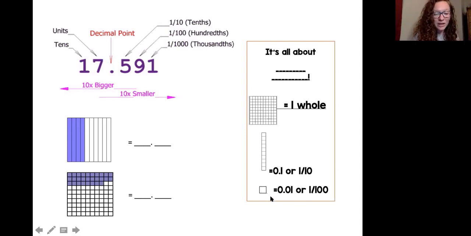The tiny square is going to be equal to 1/100th because it would take 100 of those to fill up the square. And remember, we talked about in class, the tenth is like a dime and the tiny little square is like a penny. So over here you can see what 1/10 looks like as a decimal. It's 0 decimal point 1, and 100th looks like 0 decimal point 0 1.